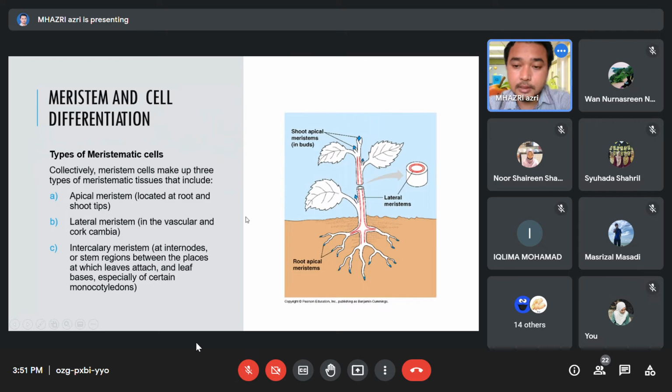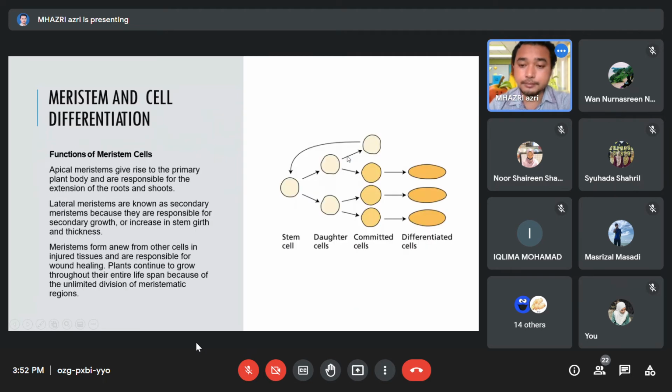So for monocotyledons, or plants that we can propagate vegetatively, we can cut them. For example, sugar cane: we can cut it and it can grow roots and shoots at the internodes. Why? Because that part contains intercalary meristem.